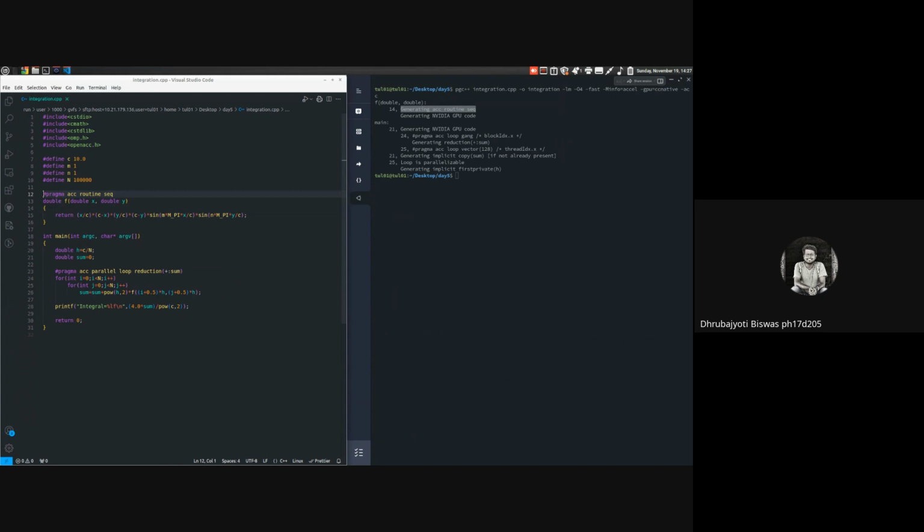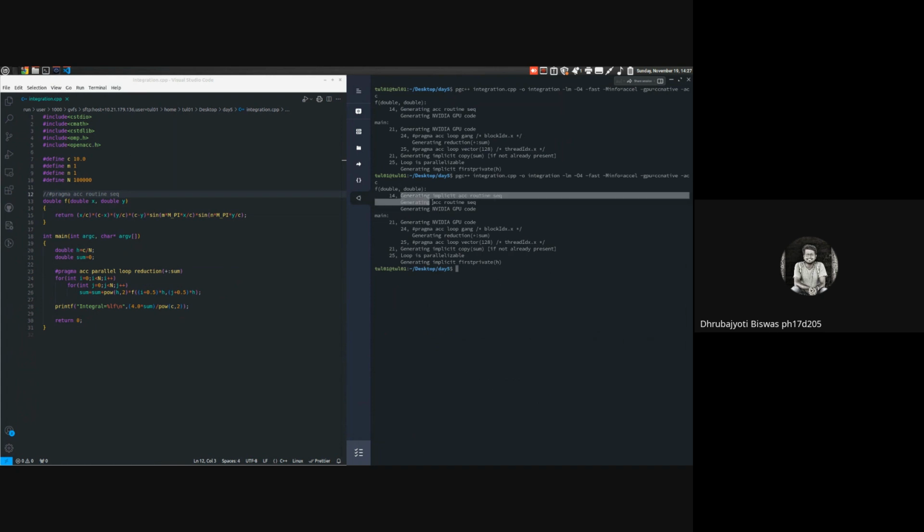So maybe we can check what will happen if I don't give this hash pragma. Yeah, you see it is generating an implicit ACC routine sequential. So the compiler knows that this function is not available and it will implicitly generate it. And if I give it, it is fine.